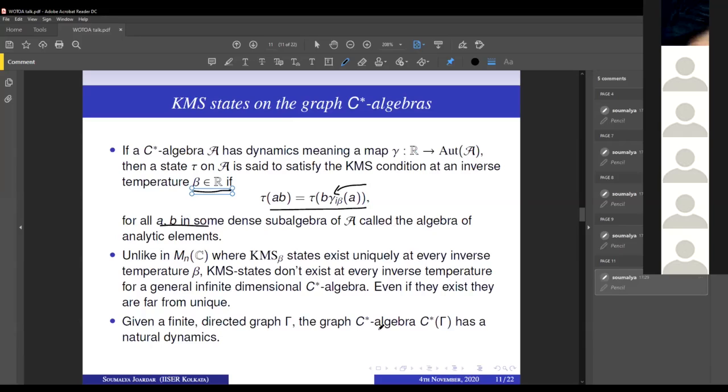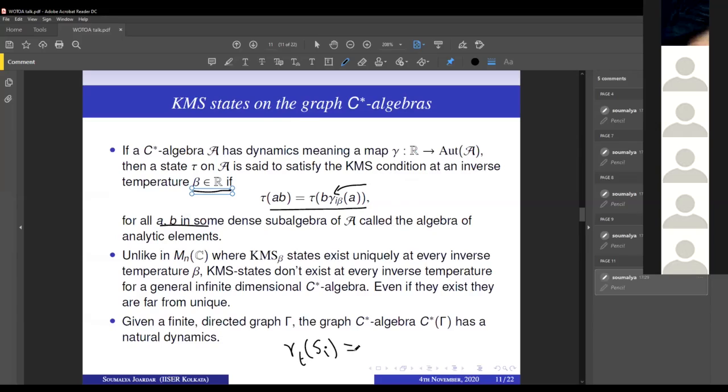And similarly, it turns out that for the existence of these KMS states, you can define a natural dynamics. One can check that if you have, let's say, gamma t of S_k, remember, graph C*-algebras are generated by partial isometries S_k, where you can associate a partial isometry to each edge.